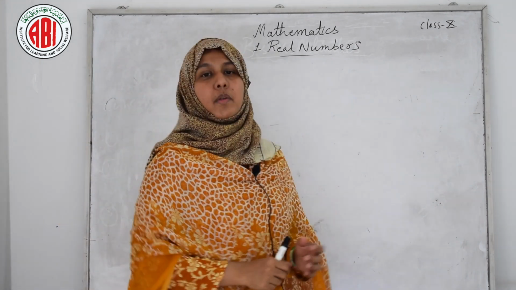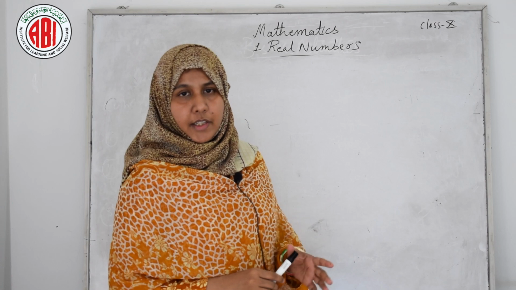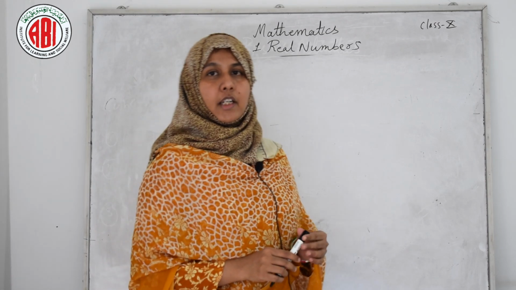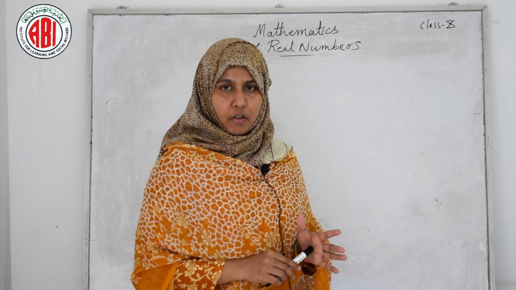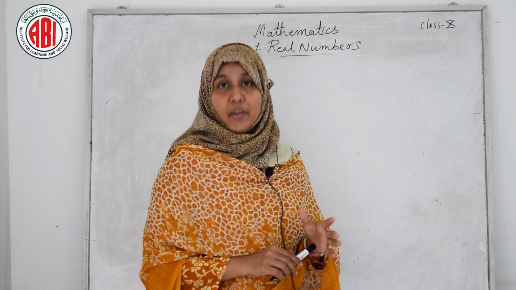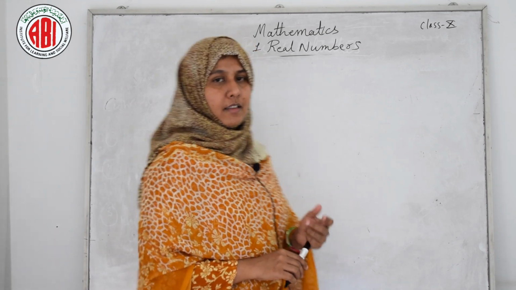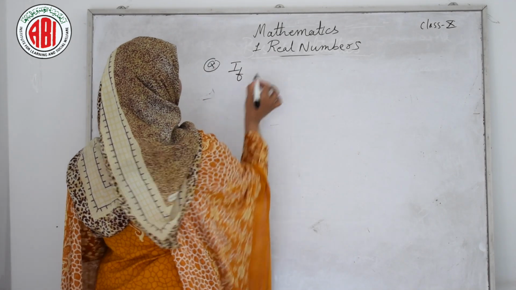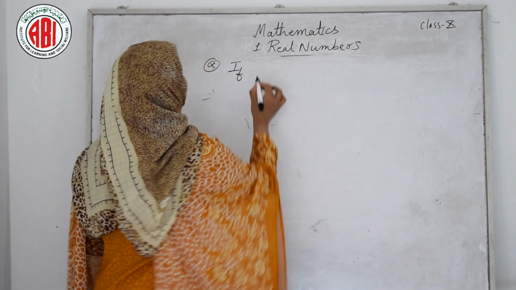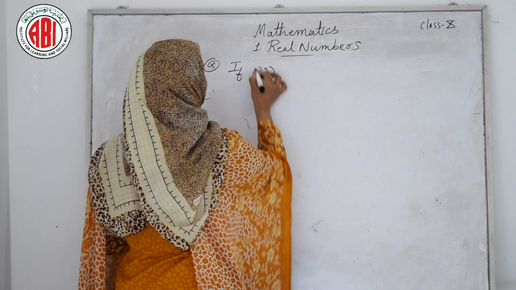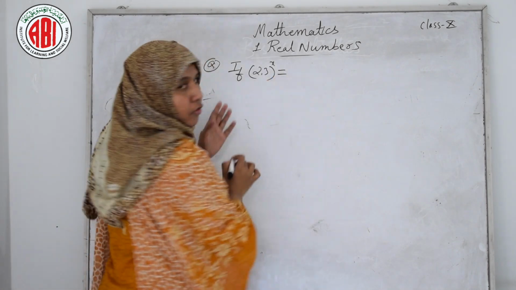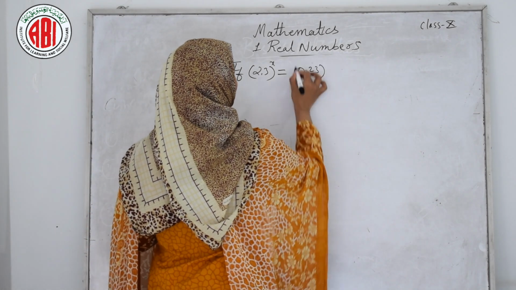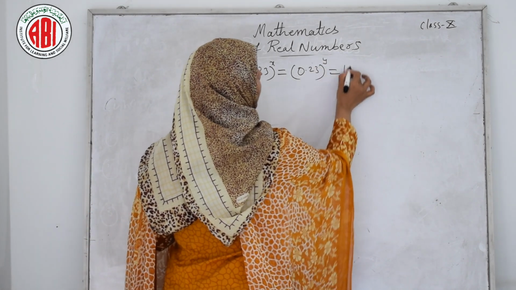Now we have another problem. If 2.3 whole to the power x equals 0.23 whole to the power y equals 1000, then find the value of 1 by x minus 1 by y. The question is, 2.3 whole to the power x is equal to 0.23 whole to the power y equal to 1000.